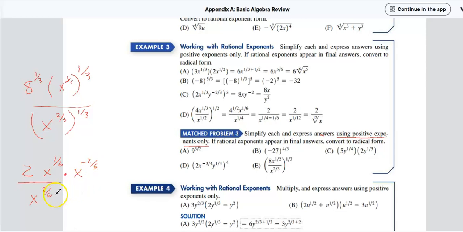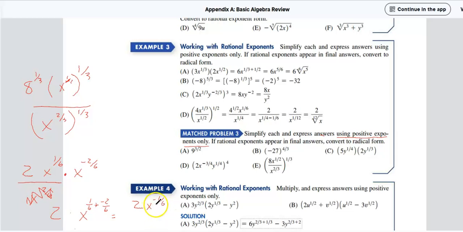But actually, I want to keep it as a 6 because that's going to keep things a lot simpler when I'm adding. So x times x have the same base, so I'm going to add these. So I have 2 times x to the 1/6 plus negative 2/6. Add those together, and I'm left with 2x to the negative 1/6 power.